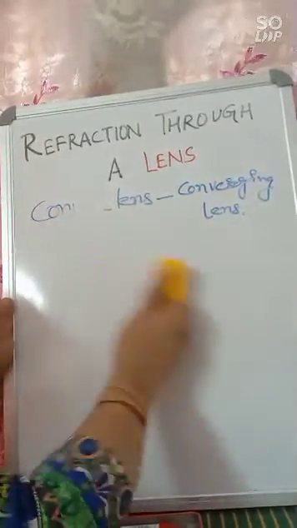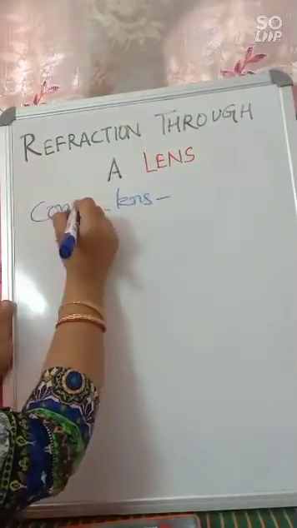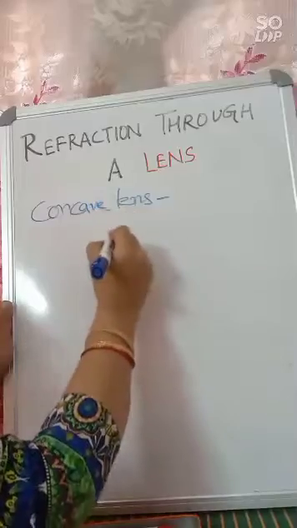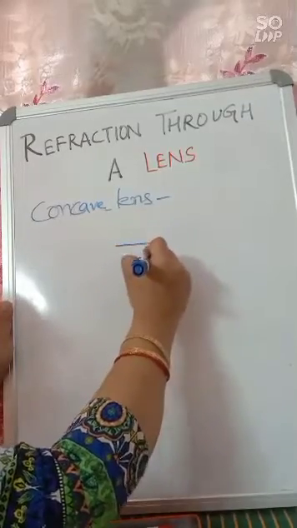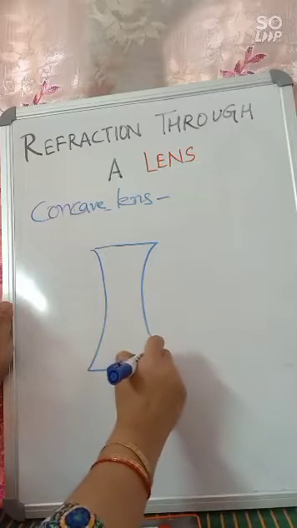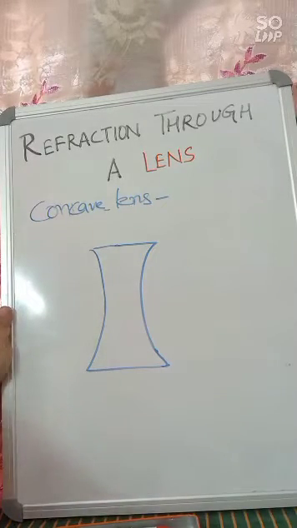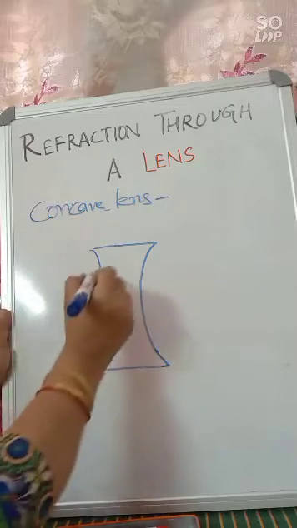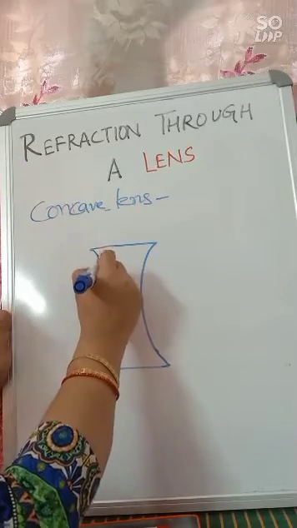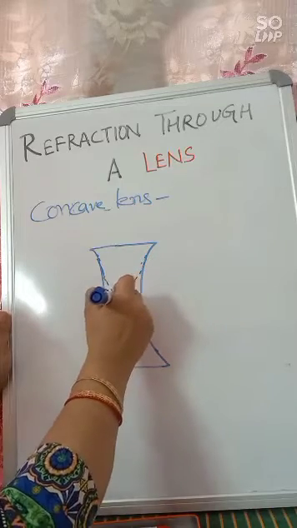If it is a concave lens, then what happens? We have this concave lens. Again, I can divide it into three different parts. How is it going to behave? If you take it to this point, this will be acting as a prism.